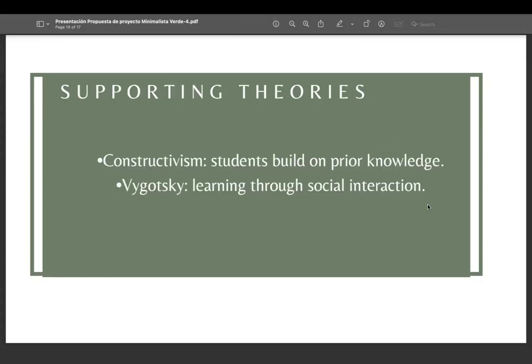So for supporting theories, it supports constructivism because students build on prior knowledge. And then Vygotsky, because they're learning through social interaction, with a lot of discussions. If they're looking at the map, they have questions, the teacher asks questions, they think, talk to one another, and then come back as a group.